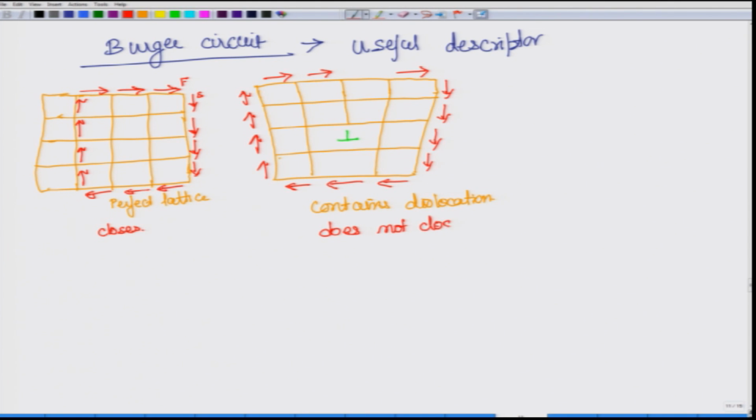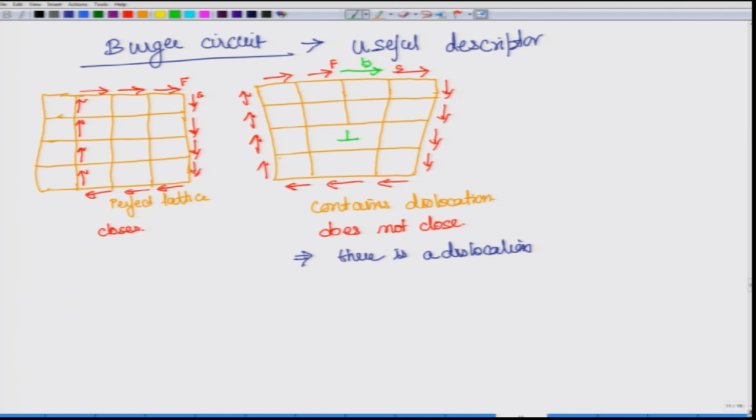If it does not close, what does it mean? It implies that there is a dislocation. So, here this was the start and this was the finish. We will talk about convention, but according to this convention, this will be our finish to start, this will be our Burger vector.